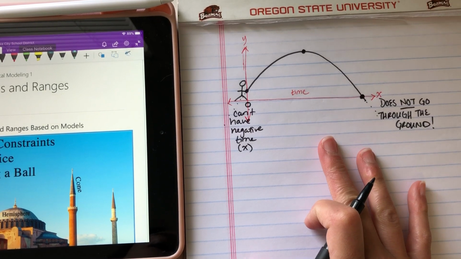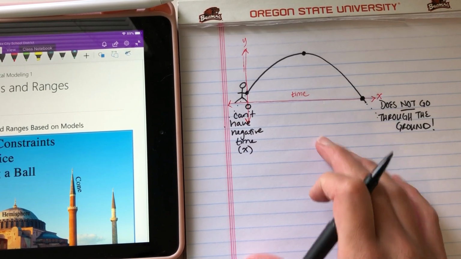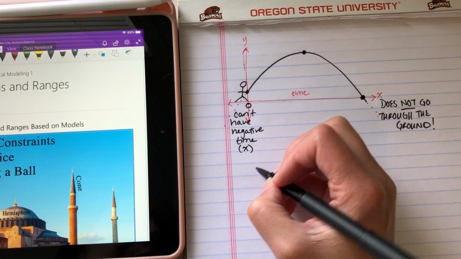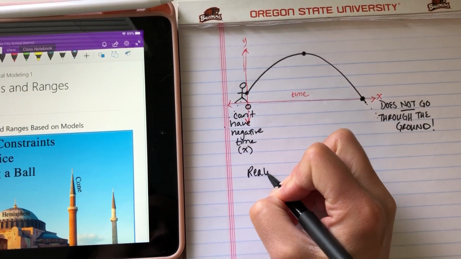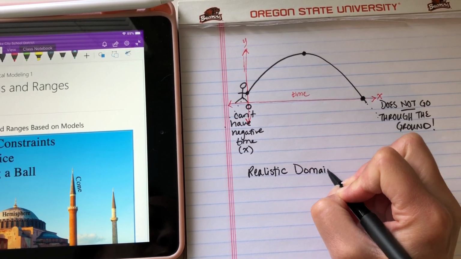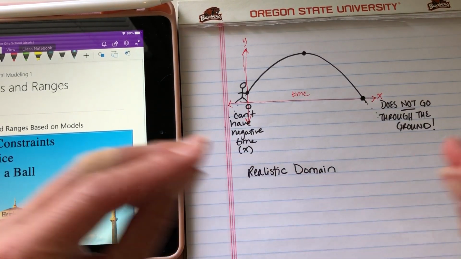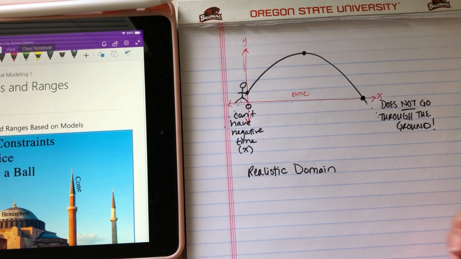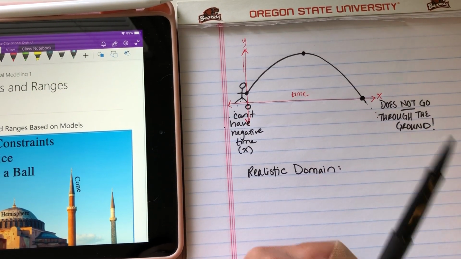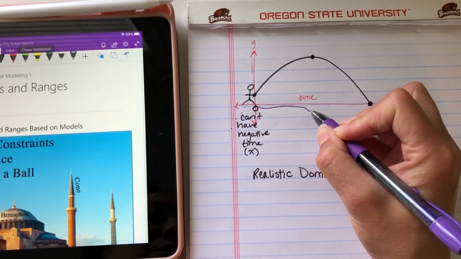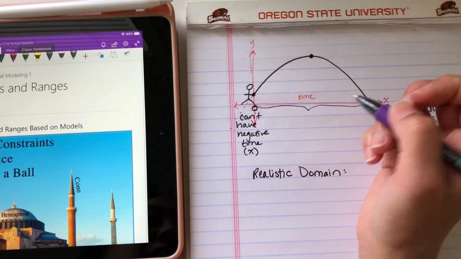So when we're dealing with realistic domains and ranges, no matter what the equation is, when I look at my realistic domain, first I have to remember what domain is. Domain, that's our x value. So the realistic domain is going to be the stretch of the x values that this ball is going to travel.